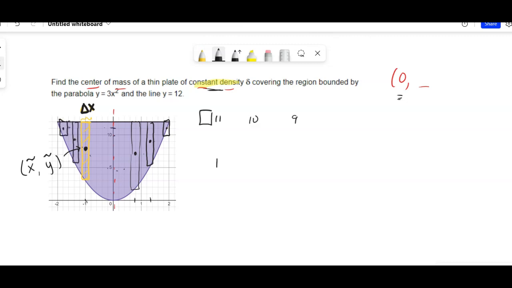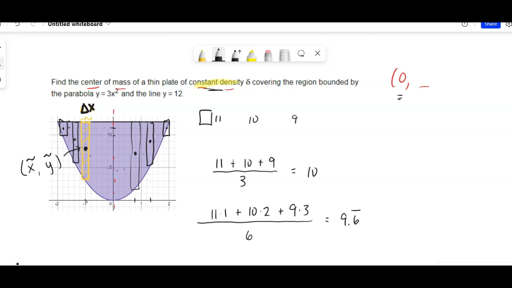So if I just did 11 plus 10 plus 9, and found the average of those three, you could see that I'm just going to get 10. But if I made 11 count one time, 10 count twice, and 9 count three times, that's 1, 2, 3, 4, 5, 6 total things that I'm averaging here, I get a total of 9.6 repeating.